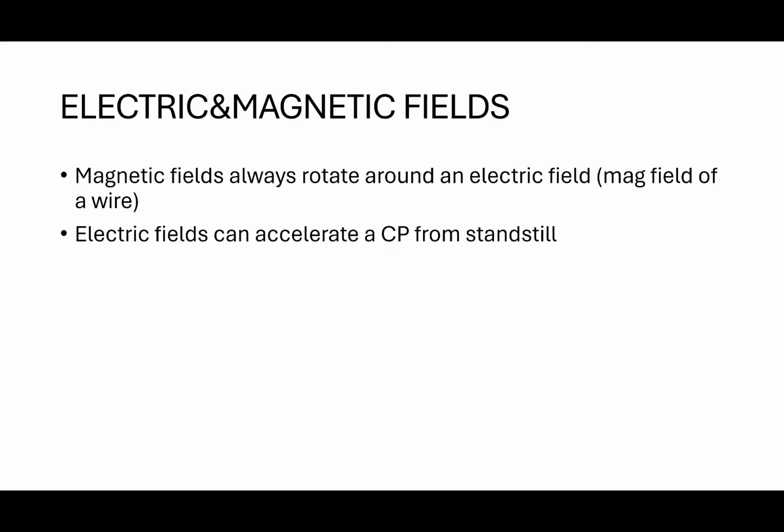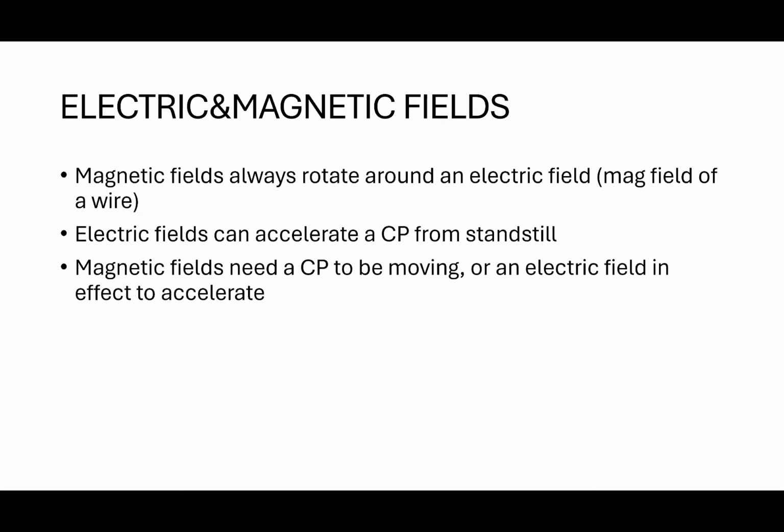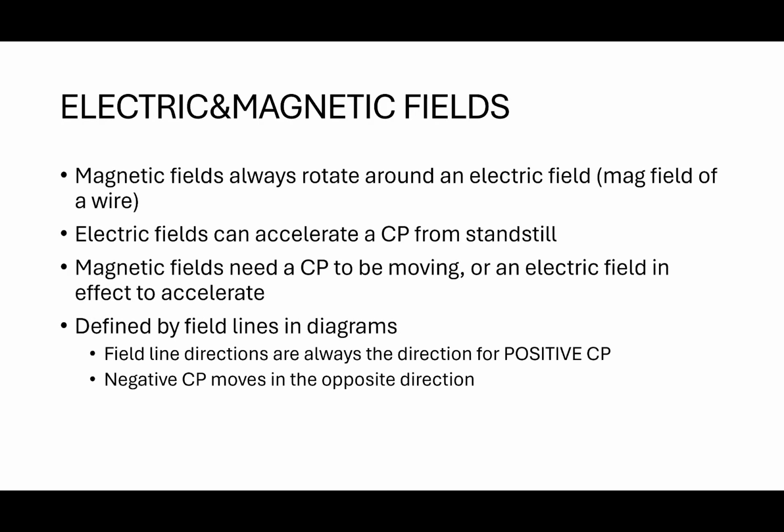Electric fields can accelerate a charged particle from a standstill. So a charged particle can just be accelerated by an electric field. But for magnetic fields, the charged particle needs to be moving for it to have a force acted upon it.